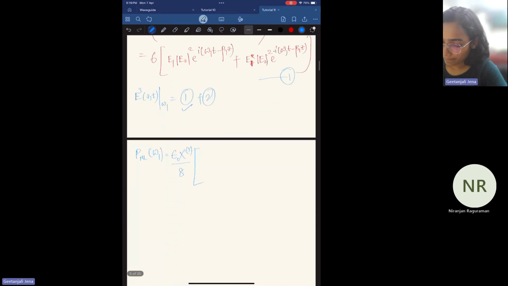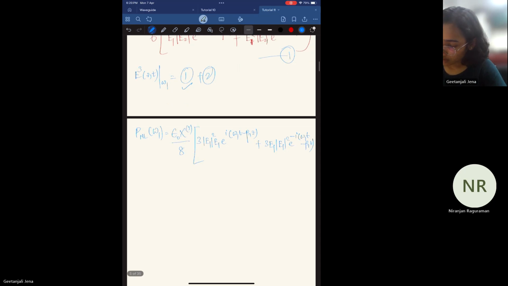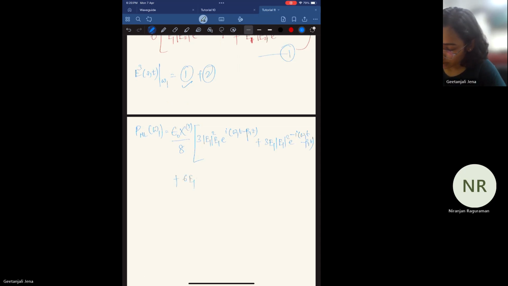So this is 3 E1 square E1 e to power i(omega 1 t minus beta 1 z) plus 3 E1 square e to power minus i(omega 1 t minus beta 1 z) plus 6 E1 E2 square e to power i(omega 1 t minus beta 1 z) plus 6 E1 star E2 square e to power minus i(omega 1 t minus beta 1 z).